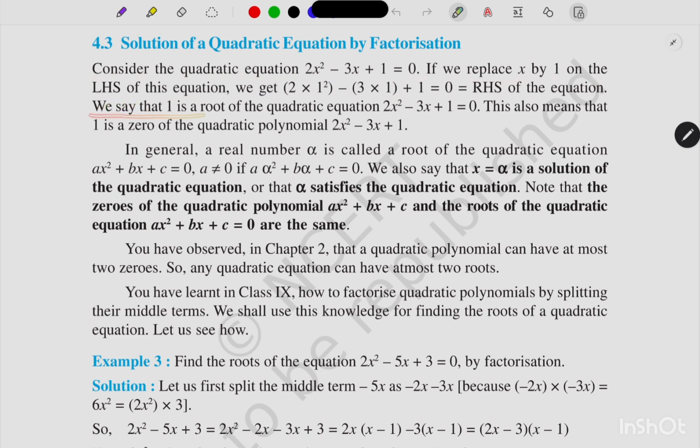So we say that 1 is a root of the quadratic equation 2x square minus 3x plus 1 is equal to 0. Why? Because when x is 1, 0 is the solution.